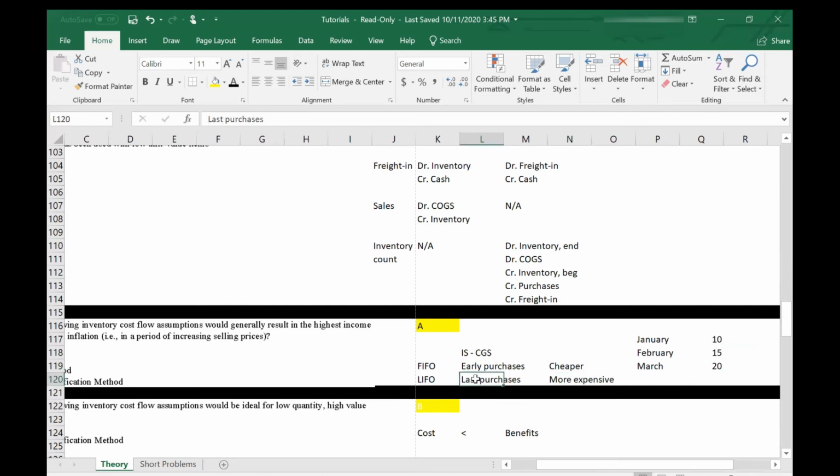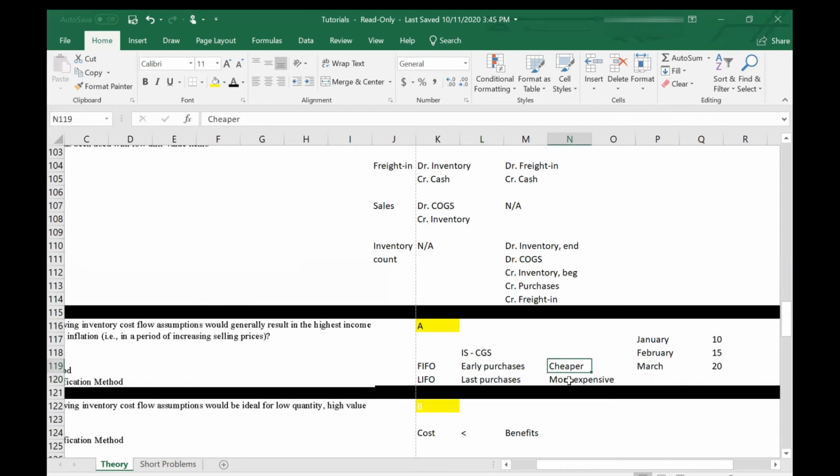Pag LIFO naman, last in, first out. The last purchases will be assumed to be the items that are sold. So last purchases, ito naman siya sa 20. Kaya yung mapupunta sa CGS mo, mas mahal, more expensive. And therefore, sino yung mas mataas yung income?